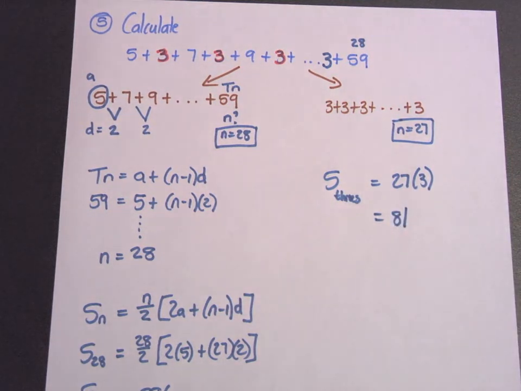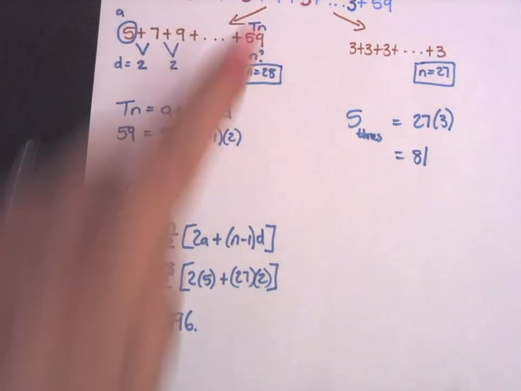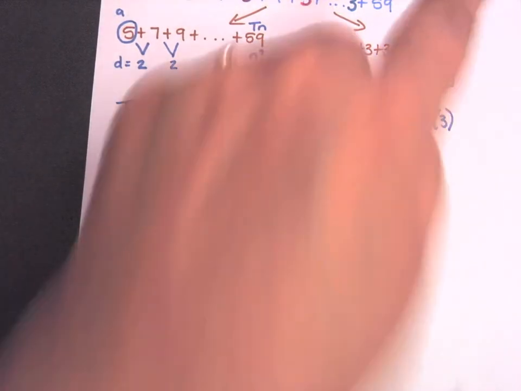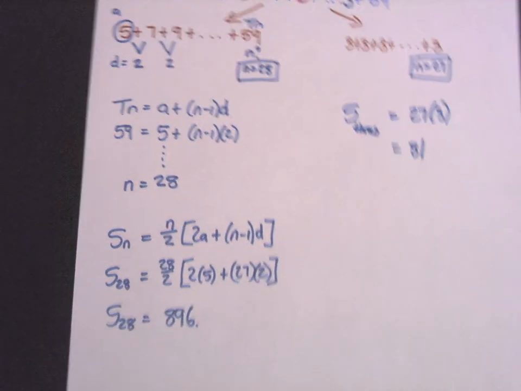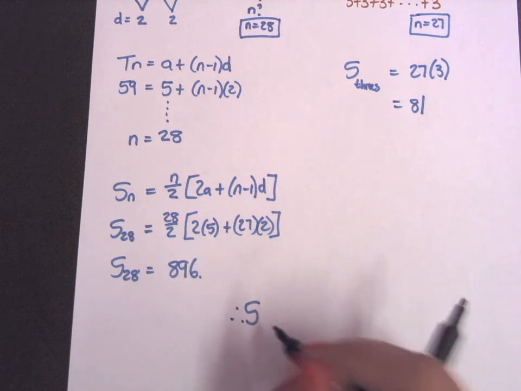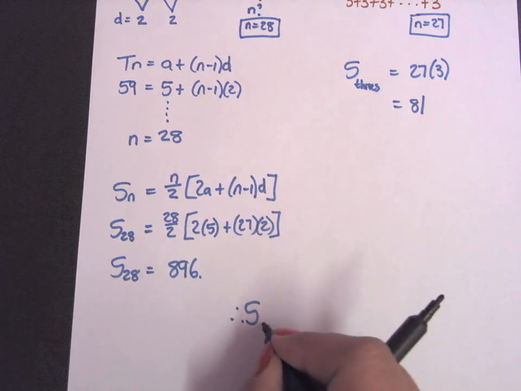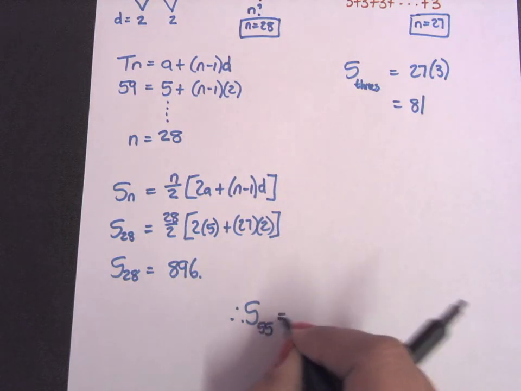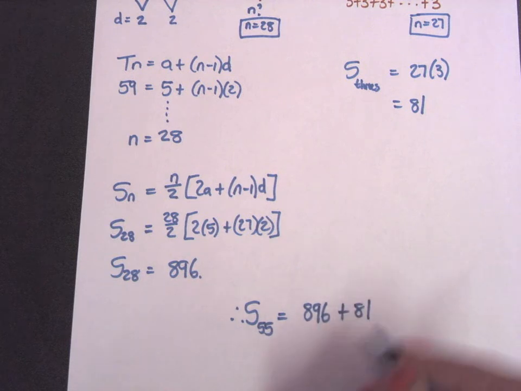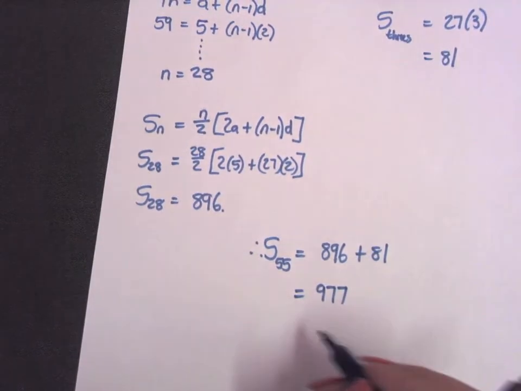So this means that the sum of the first odd terms is 896, and the sum of all the threes is 81. So the sum of 27 plus 28 is 55 terms, will be the 896 plus the 81, and that gives you 977.